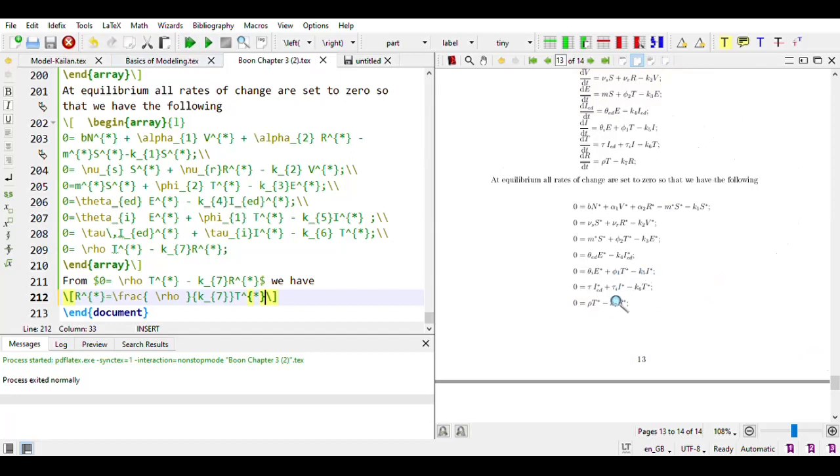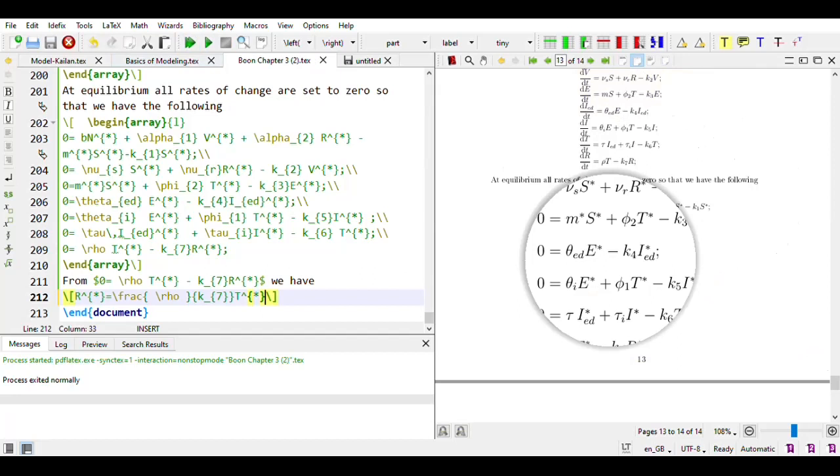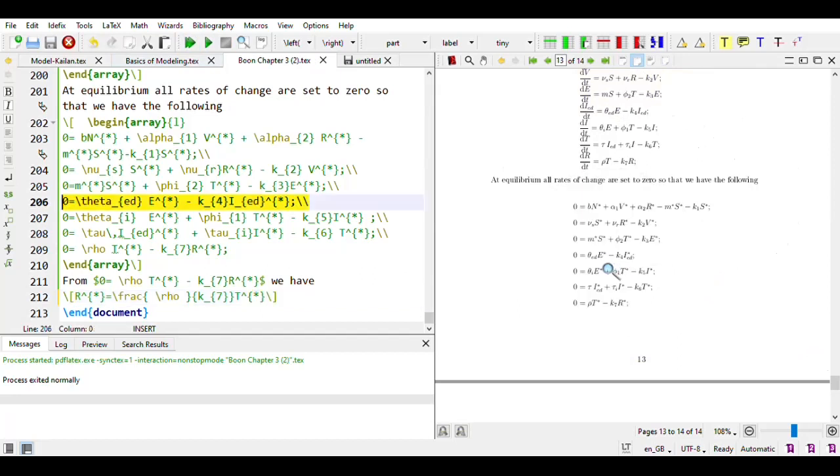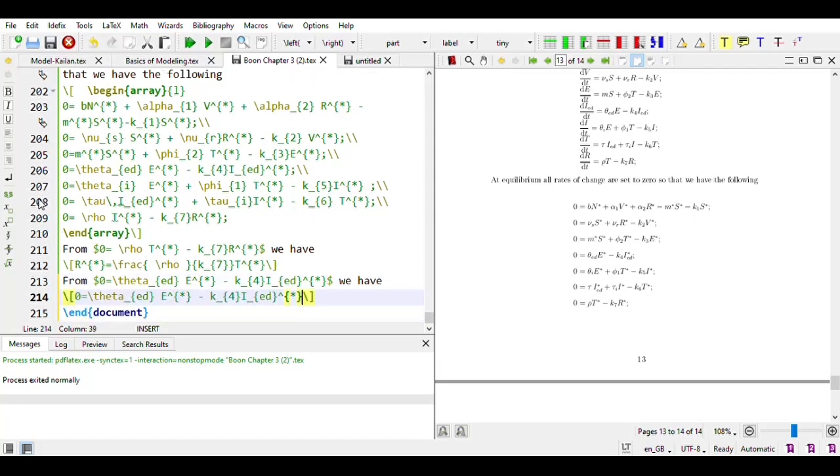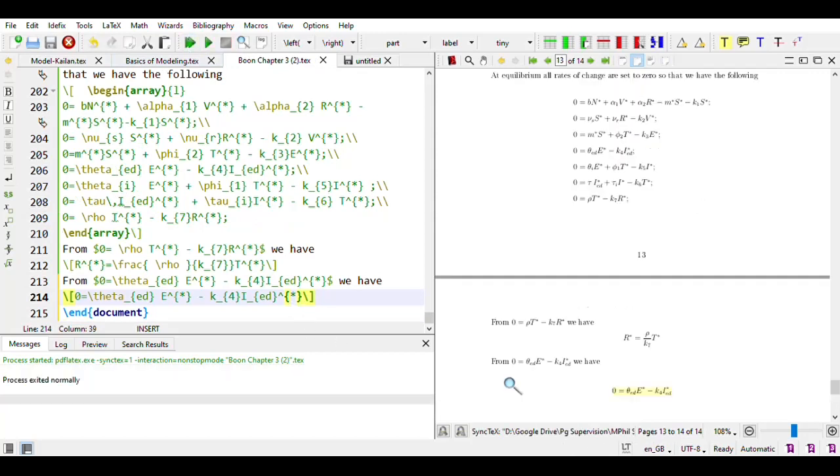So the next thing to do, we can look at, counting from the bottom, 1, 2, 3, 4, the fourth equation. The fourth equation can be used to express one in terms of the other. So from the fourth equation we have this, and we then should be able to find IED in terms of ED.